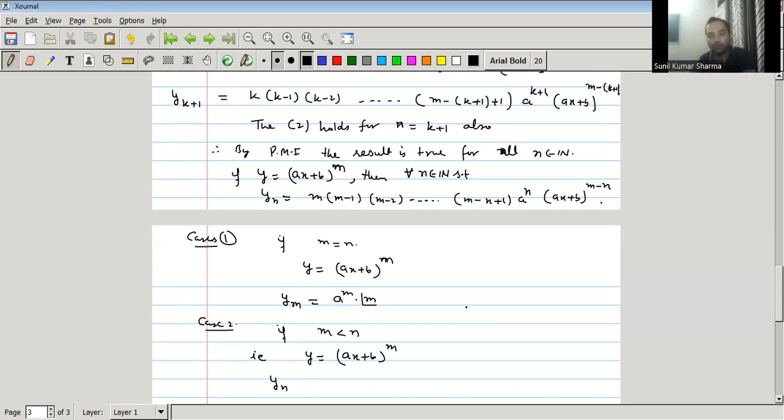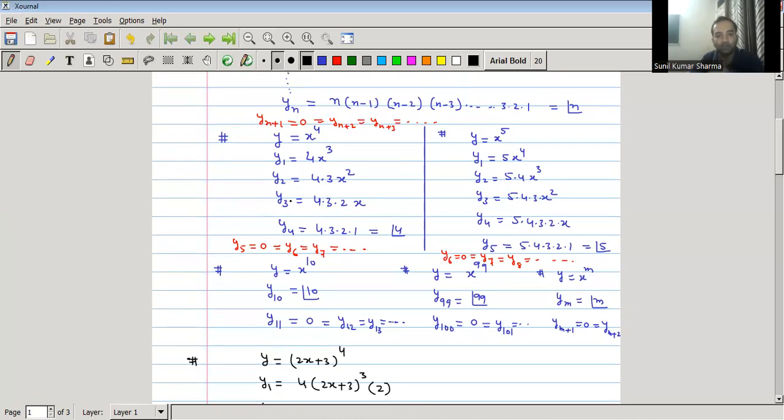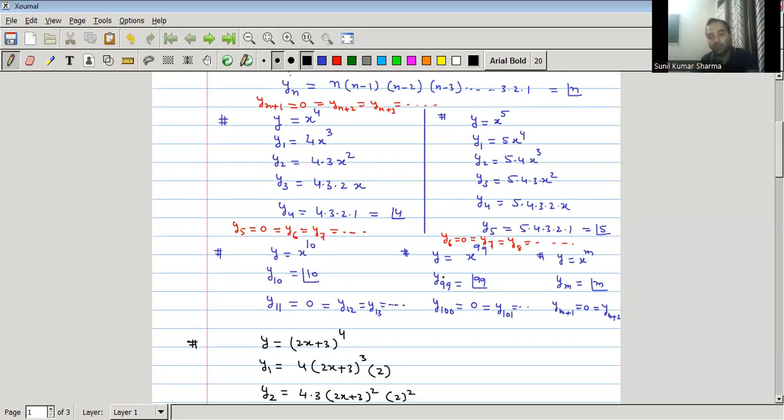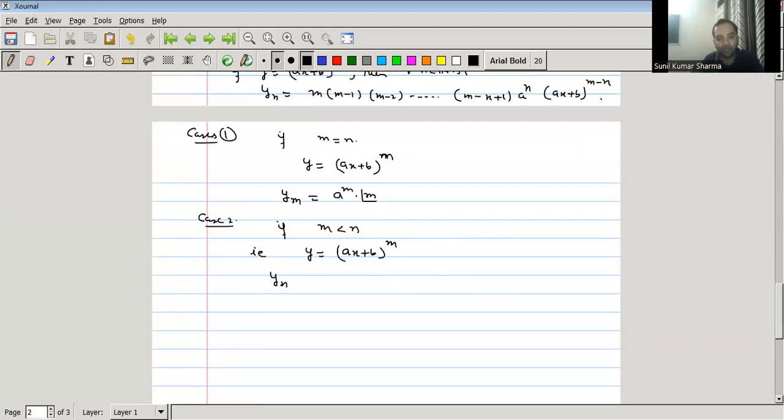We have discussed, if y is equal to x to the power 4 and we have to find y5, this is our m and this is our n. n is greater than m. So what is the derivative? That is 0. So if m is less than n, we can directly say the derivative is 0.